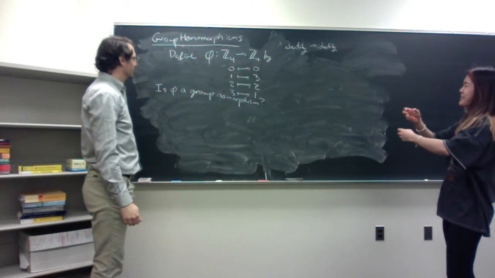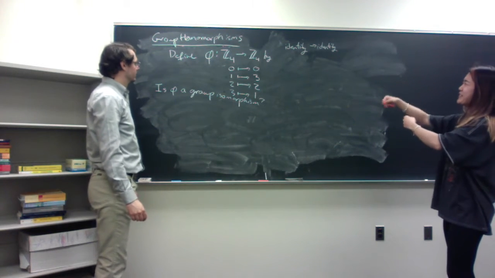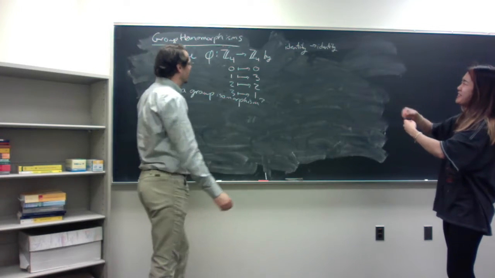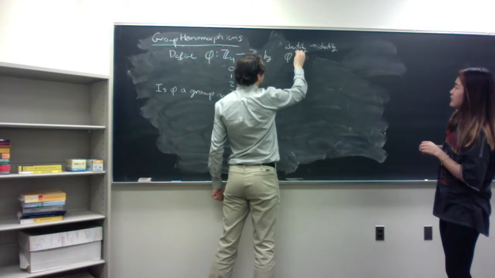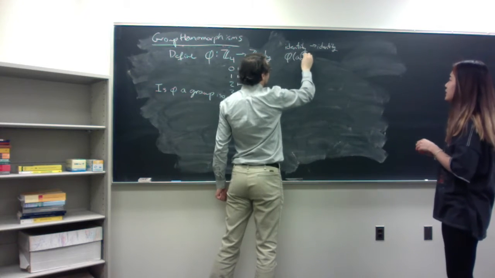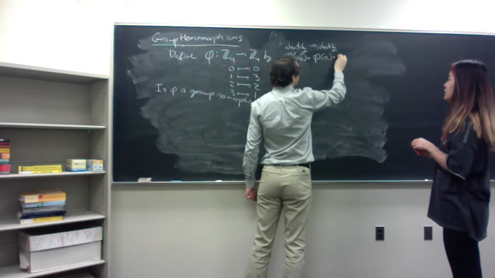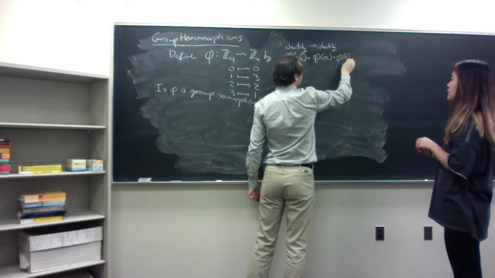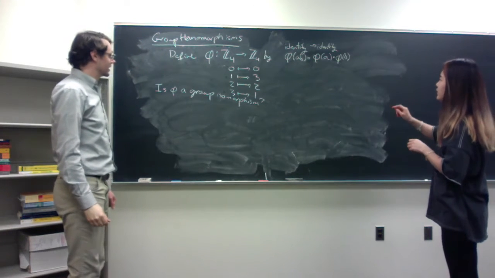And also, if we break the things in the parentheses by the operation of a group, it still works. The homomorphism part. Yeah. So we want something like phi of AB equals phi of A times phi of B. Okay, what else do we have to check to get an isomorphism?